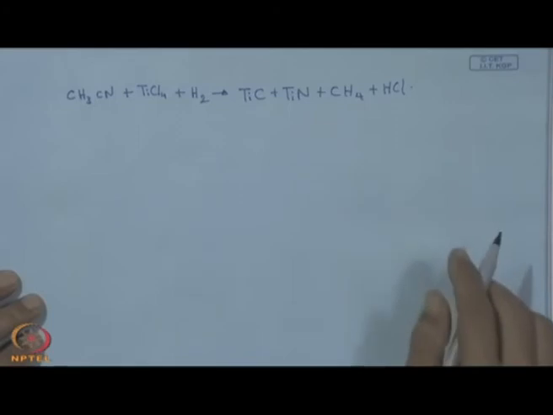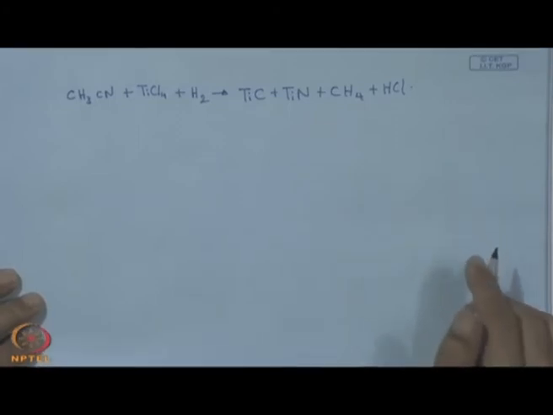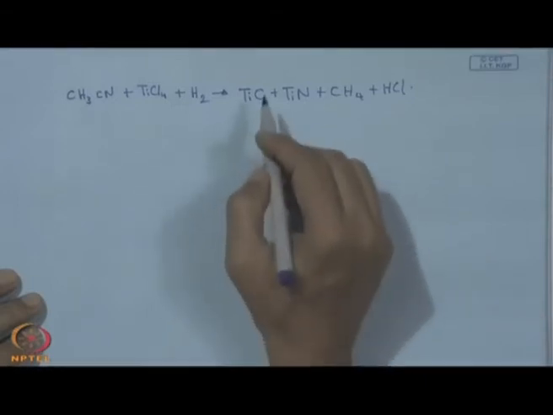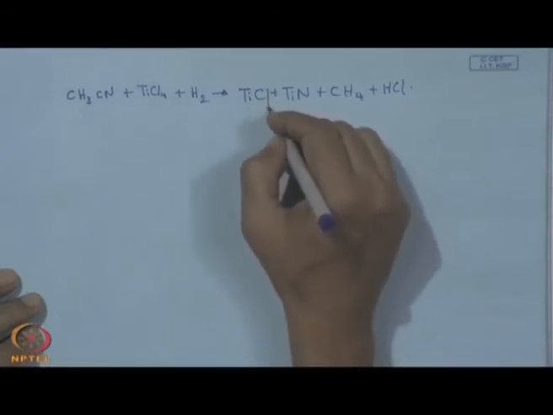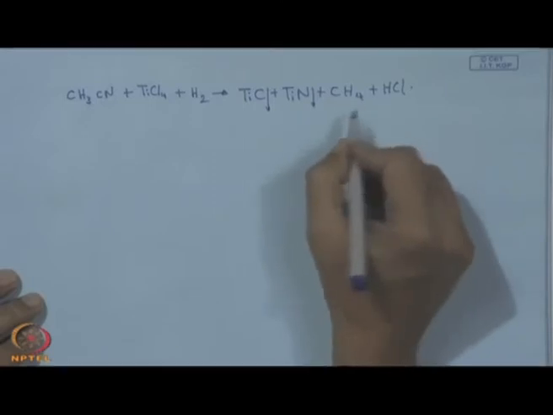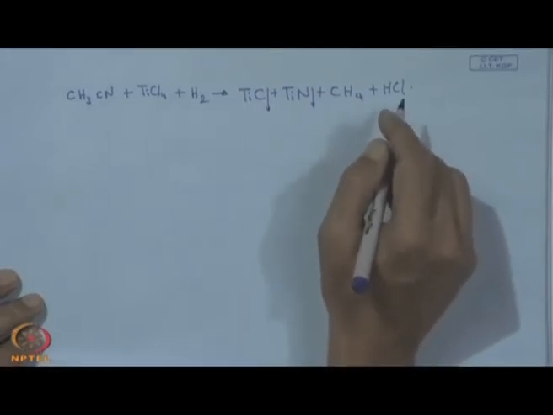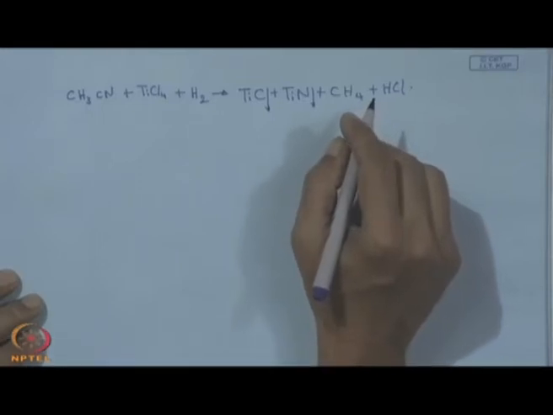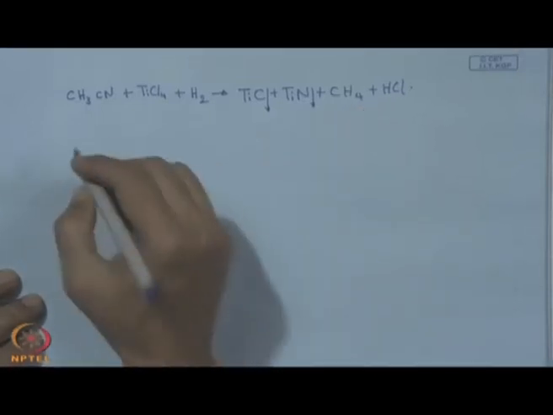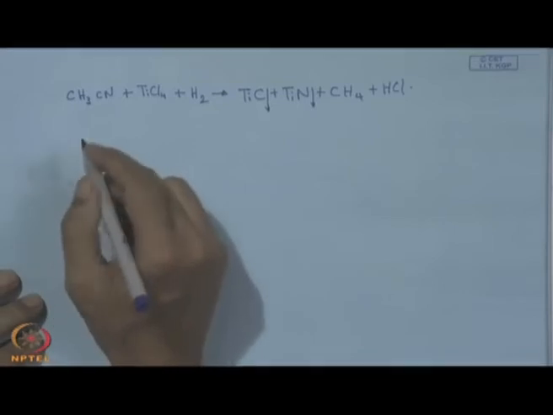This is one mode of the reaction which can be carried in the forward direction, and we get simultaneously TiC and TiN and with some byproduct of CH4 and HCl. So, this is acetonitrile.